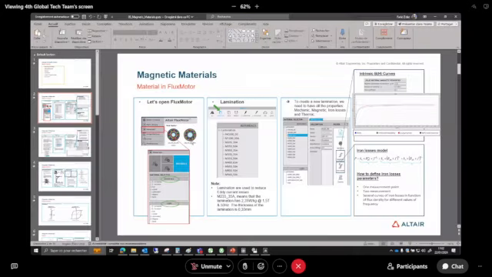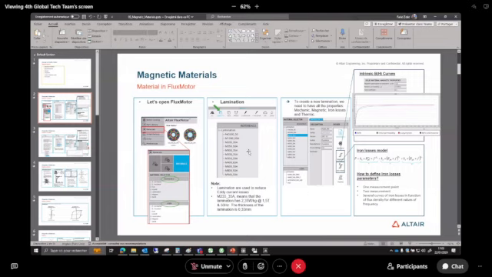So in Flux Motor, we are going to use a Bertotti model. And before talking about Bertotti model, let's talk about the lamination. So the lamination, once again, we have a few of them there, and you can create your own material.